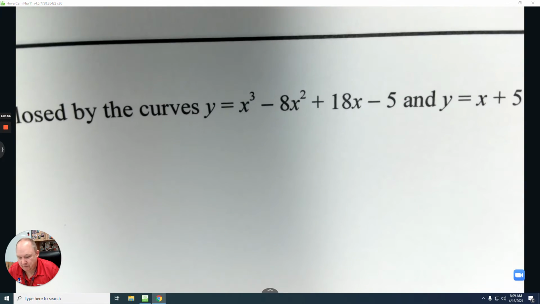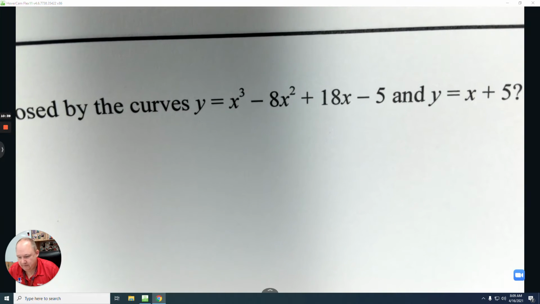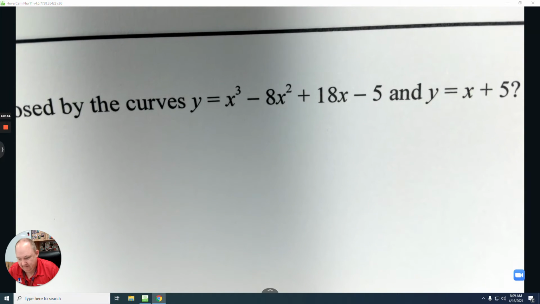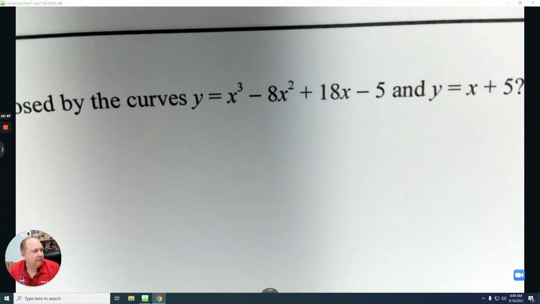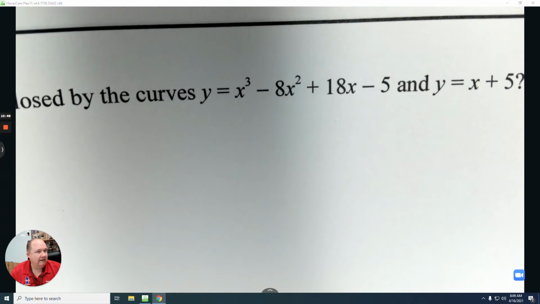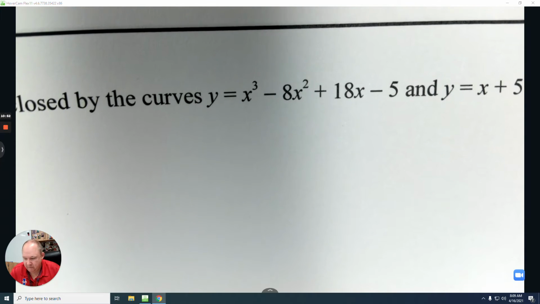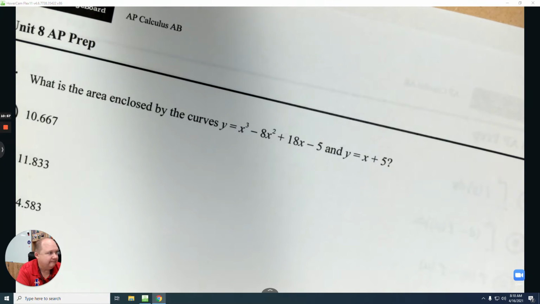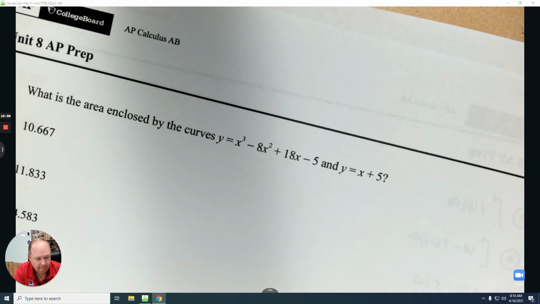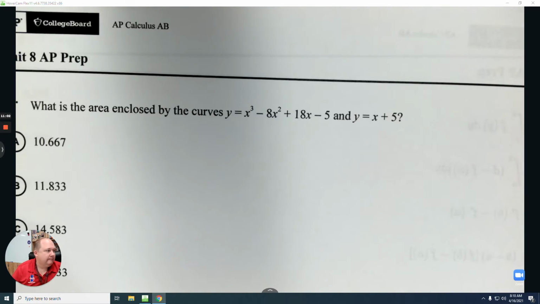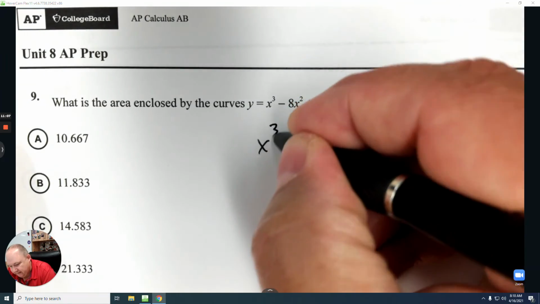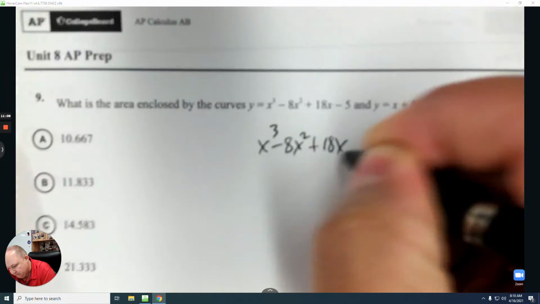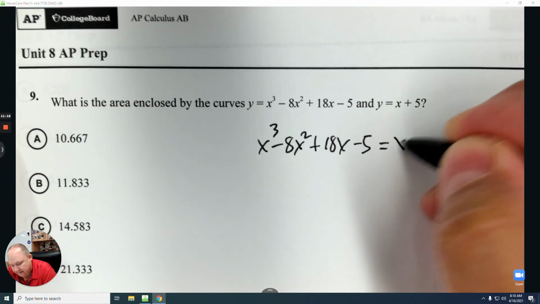So we need to make the two equal to each other and solve it. Let's start off there. When I look at number 9, with all those decimal answers, it makes me feel like it's really a calculator question. Let me just check one thing. I don't see a calculator icon, but it might not have printed out.